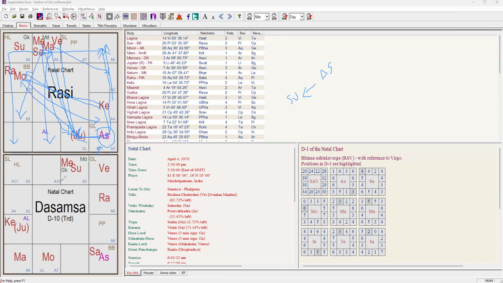So the objective was to find the Lagna-aspecting grahas. Once you find this, you have to do the same exercise for every other planet. We did the same thing already: which planet aspects Jupiter, which planet aspects Ketu, everything.